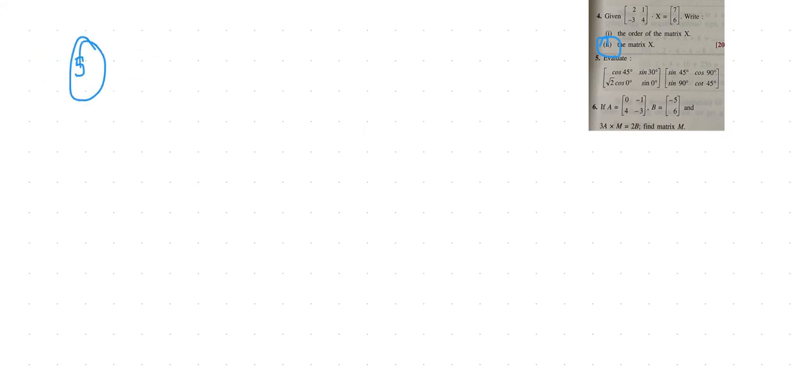So how are you going to do this? I'll let you know. So this is question number 5. Okay, so here you have been given cos 45. In the bracket write down cos 45 degrees, root 2 into cos 0 degree.